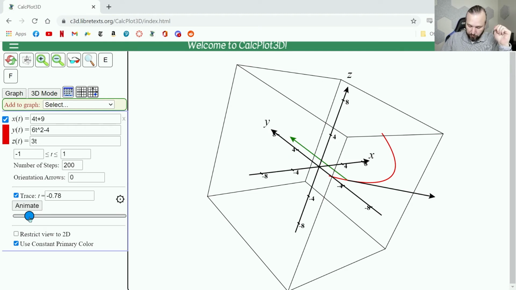As I go forwards in time, we get closer and closer to the vertex of that parabola, and then right at time 0, you can see that they do make a 90-degree angle. Then the angle gets more acute as you go forwards in time, and back over here in negative time, the angle is obtuse.